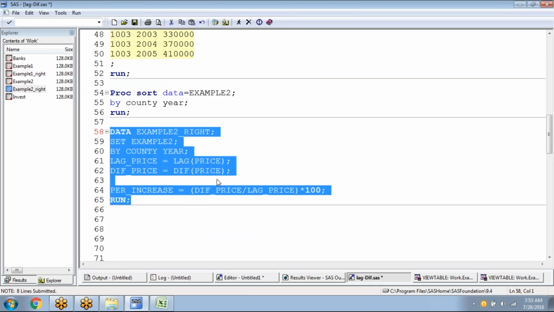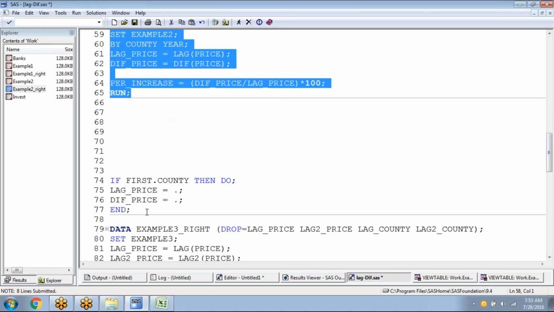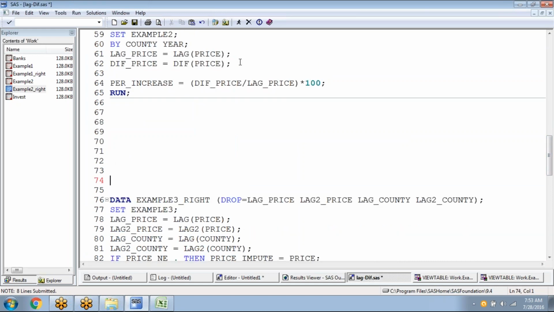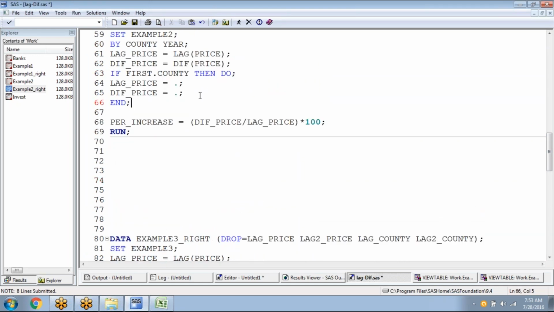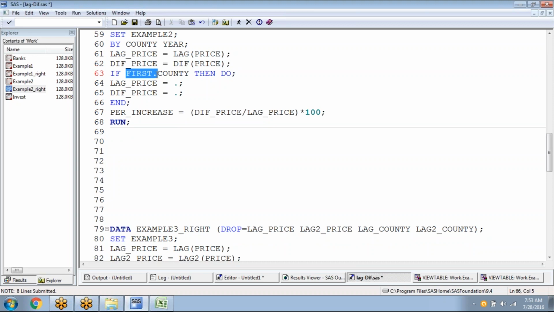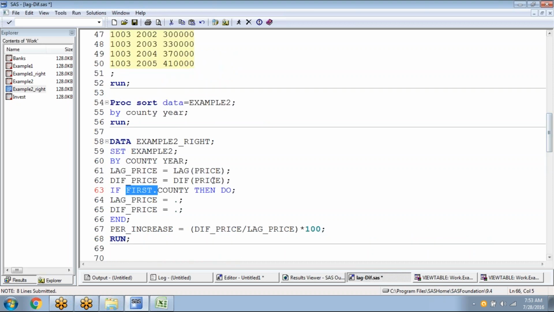So what technique can we use? We have the first dot last dot variable concept, right? You can use that. If it is first dot county, what do you mean by first dot county? It will pick the first record from each county, and if it is the first record, what I want to do is make this lag price as dot and diff price also dot.